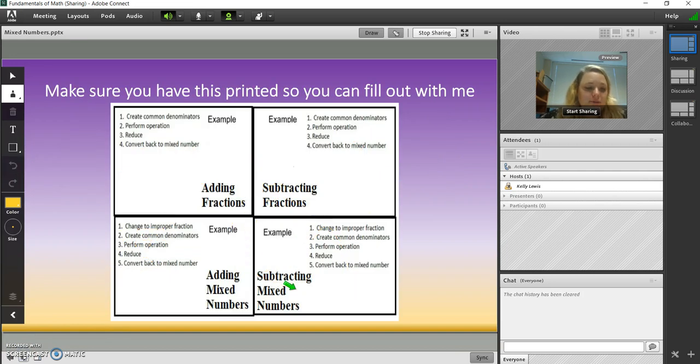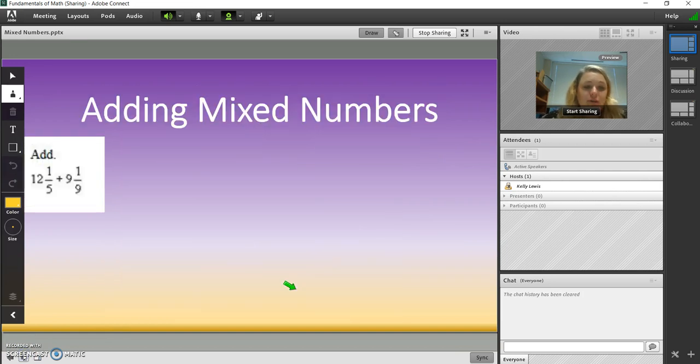Okay, adding and subtracting, I'm going to do mixed numbers. You have to have a common denominator. They can't talk.